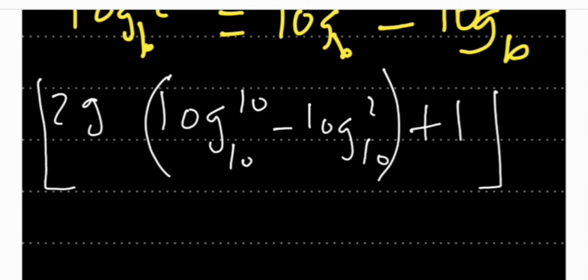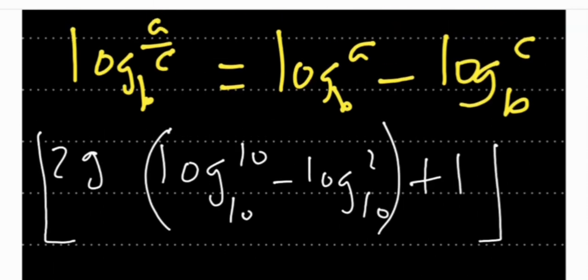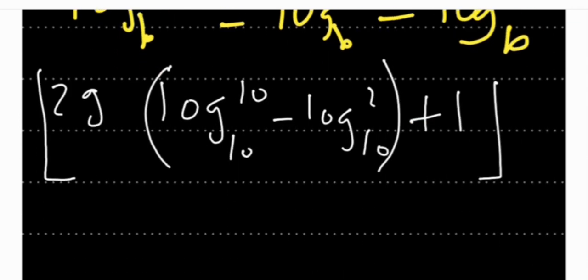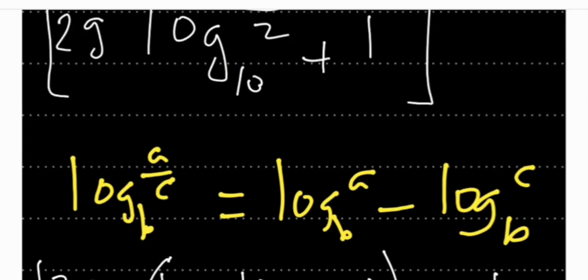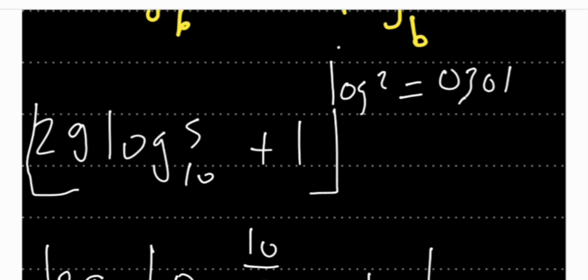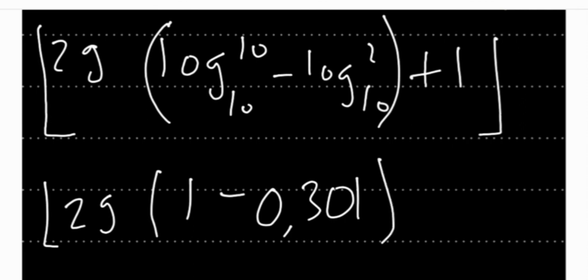So now we have only nice numbers. Actually, we can't sum them, because the 29 is multiplying. So 29 multiplying by log of 10 in the base of 10, which is 1, minus log of 2 in the base of 10, which was the information that he gave us, 0.301, and plus 1.